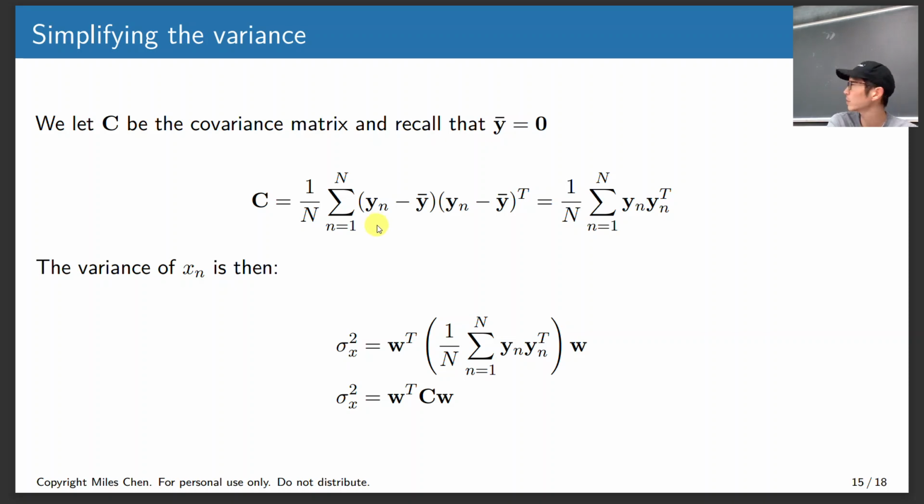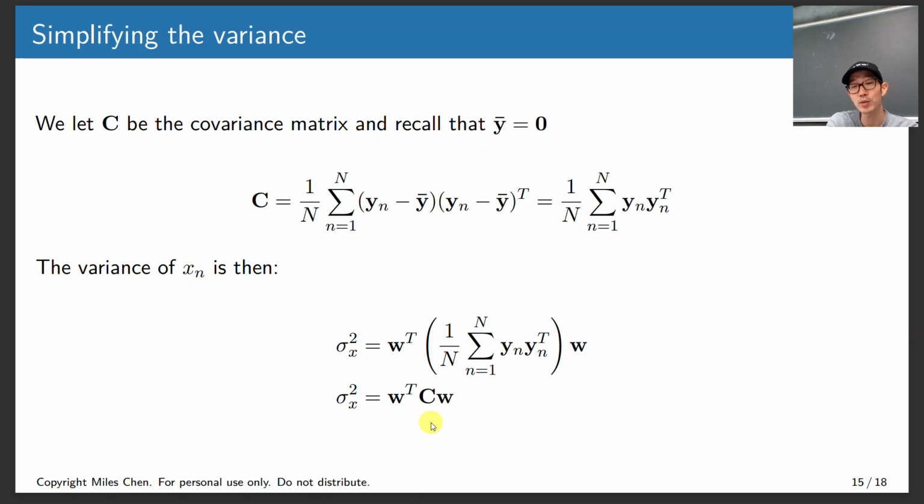The definition of the covariance matrix is y minus y bar times yn minus y bar transpose. But here, because y bar is 0, our covariance matrix reduces to this, and that's exactly what we have here. So I have w transpose covariance matrix w. This is the quantity that I want to maximize.